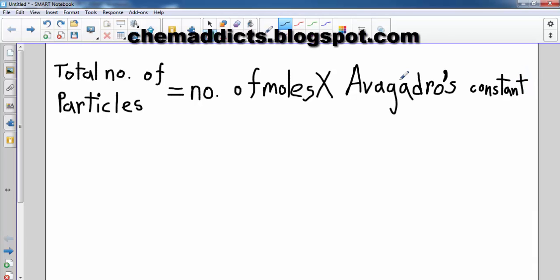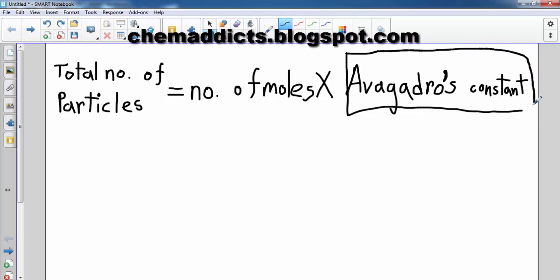Well, what does this specific term mean? Let me explain this specific term, Avogadro's constant.